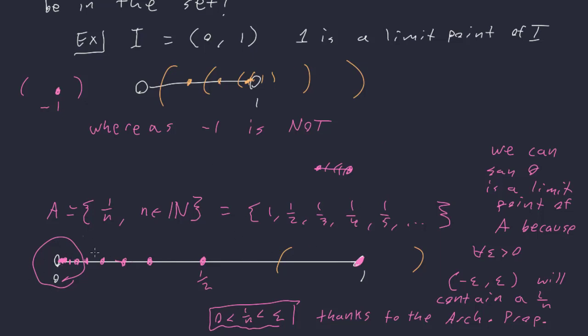We can still call 0 a limit point or an accumulation point or a cluster point because, if you try to graph it, the points of the set cluster around 0. Now, if you think about why we would call this a limit point, 1 over n actually converges to 0. So 0 is the limit of a sequence within this set.